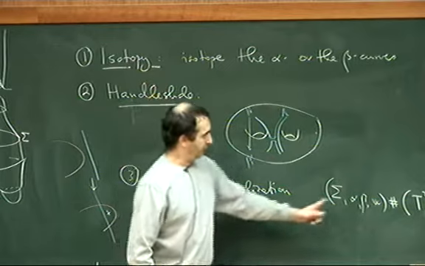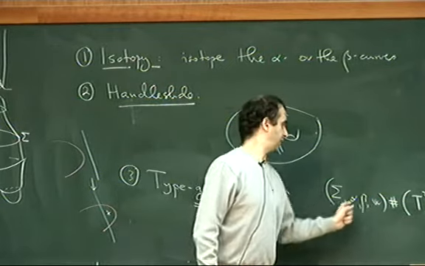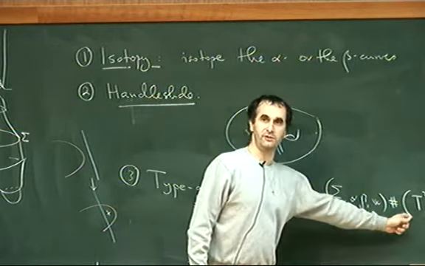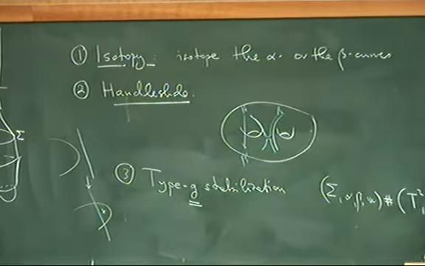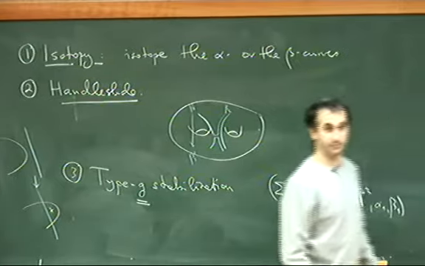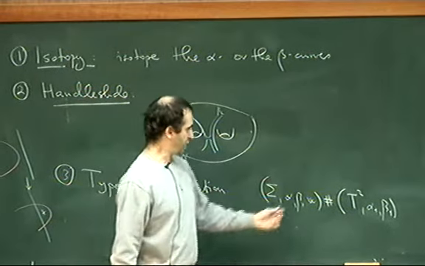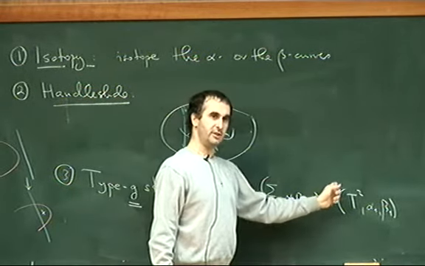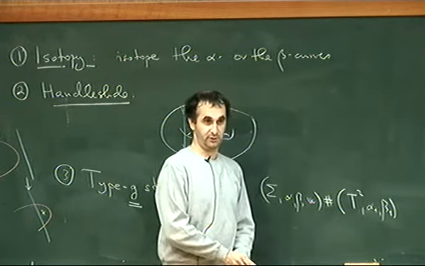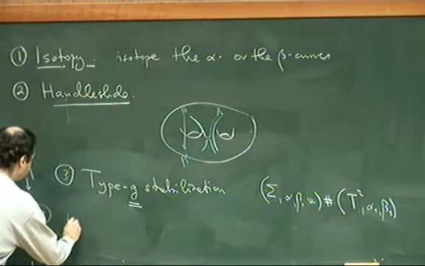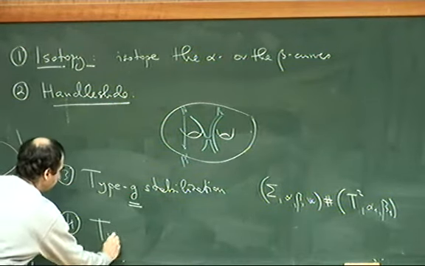By connect summing, I mean we take the connected sum of the two surfaces, and in the T2 factor, I just take one alpha and one beta. So I don't change the number of base points, I increase the genus, and I also increase the number of alpha and beta curves.